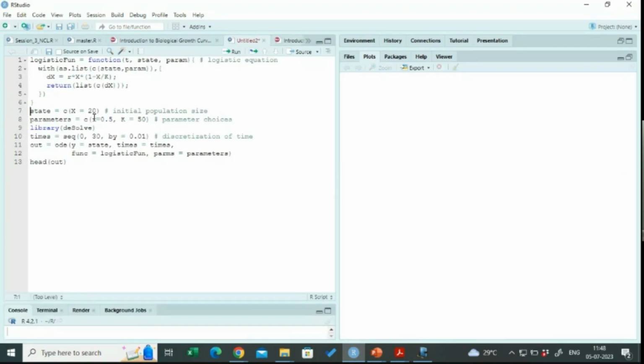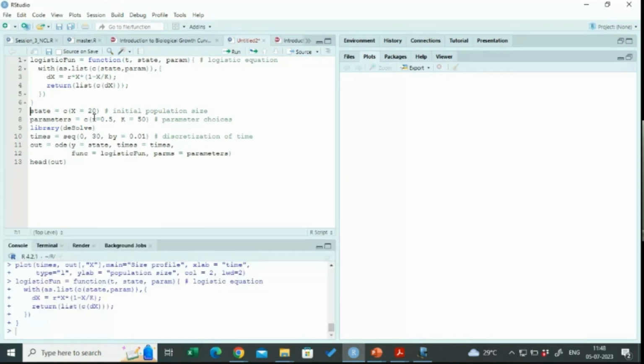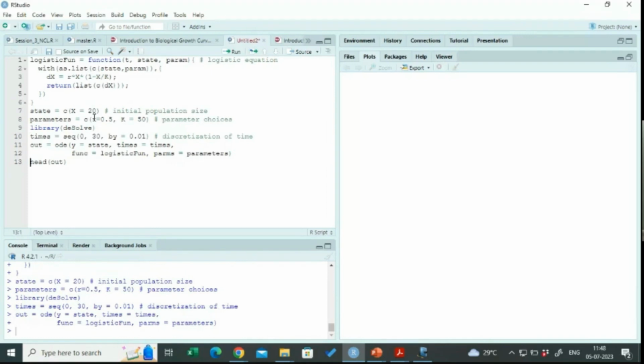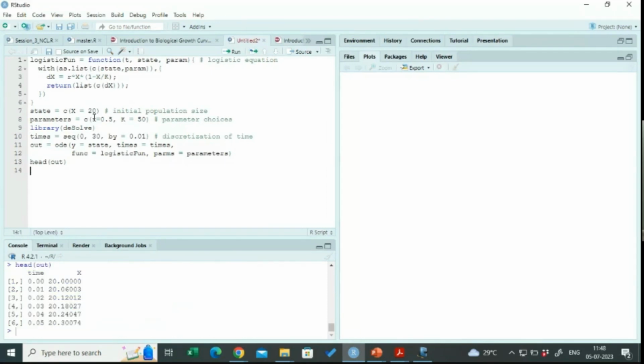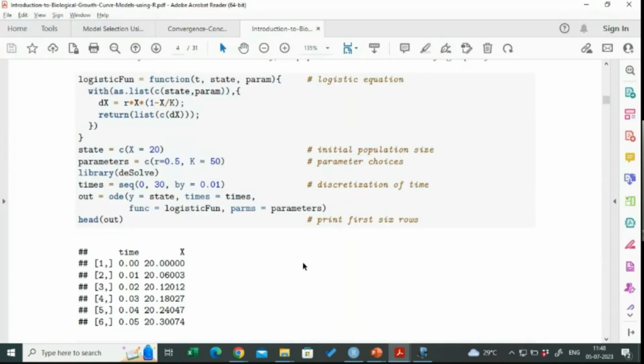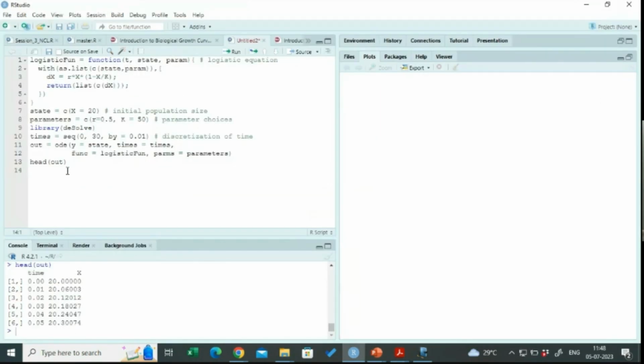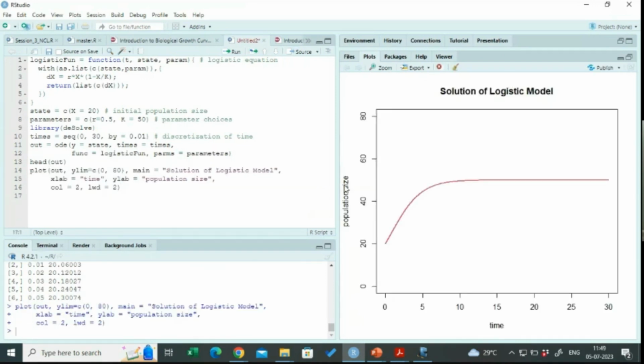The first line got executed. This is the solution you got, and we just plot the solution. Let's make a plot out of it.